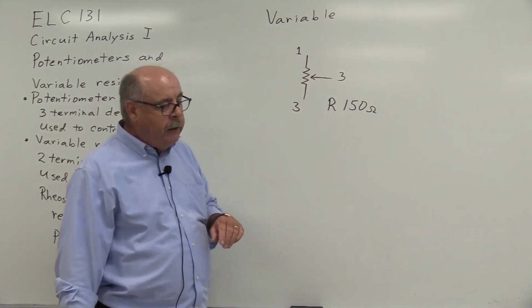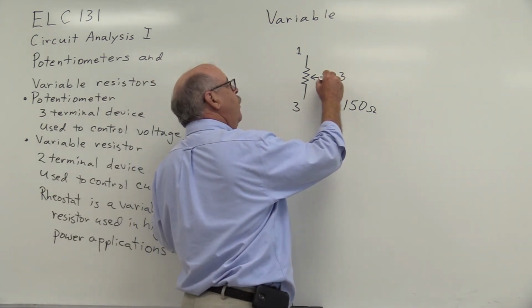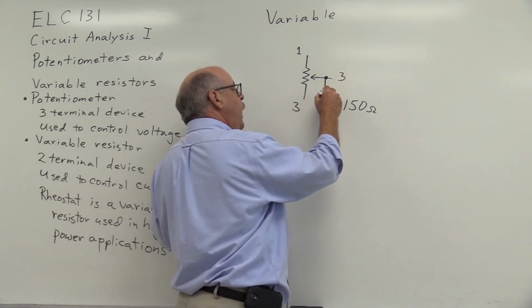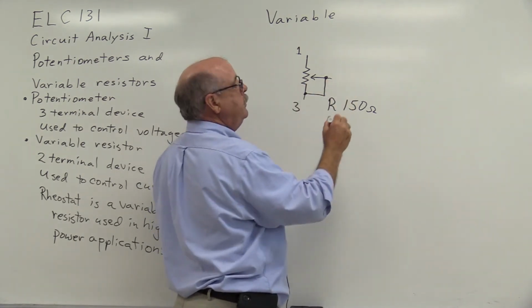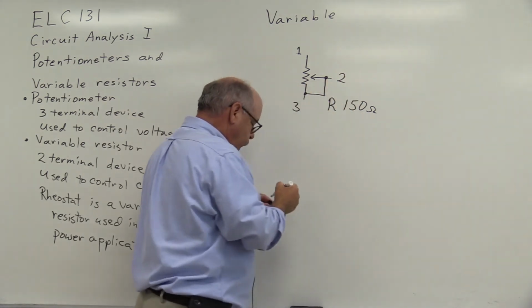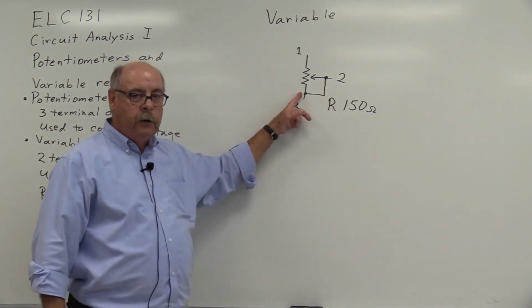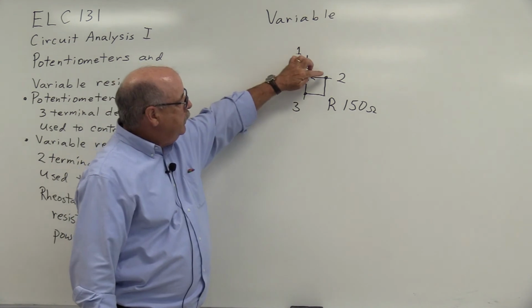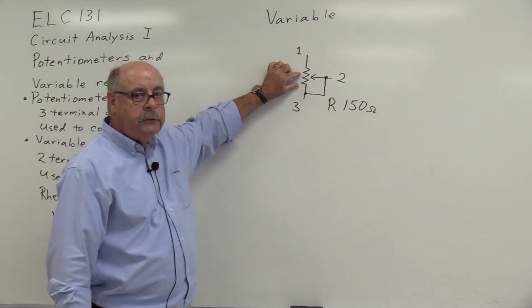Now, in implementation, what most people do is they connect the wiper back to one of the terminals, terminal 3. This piece of wire shorts out a portion of the winding.